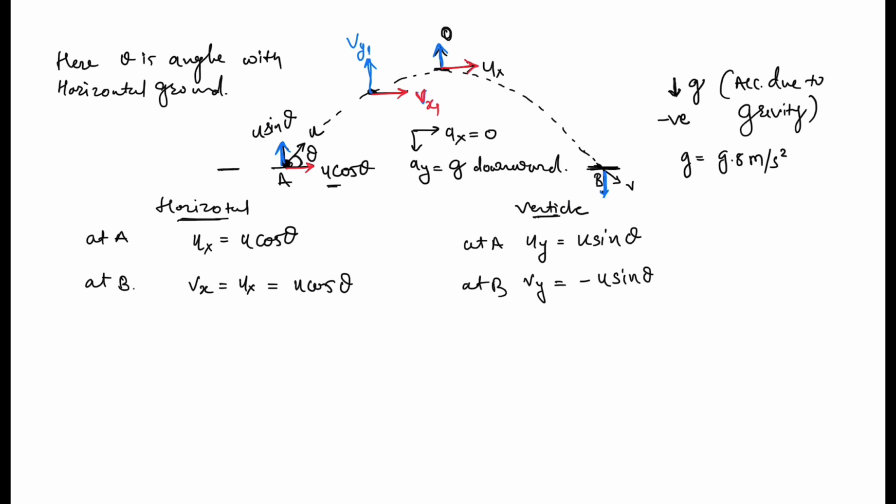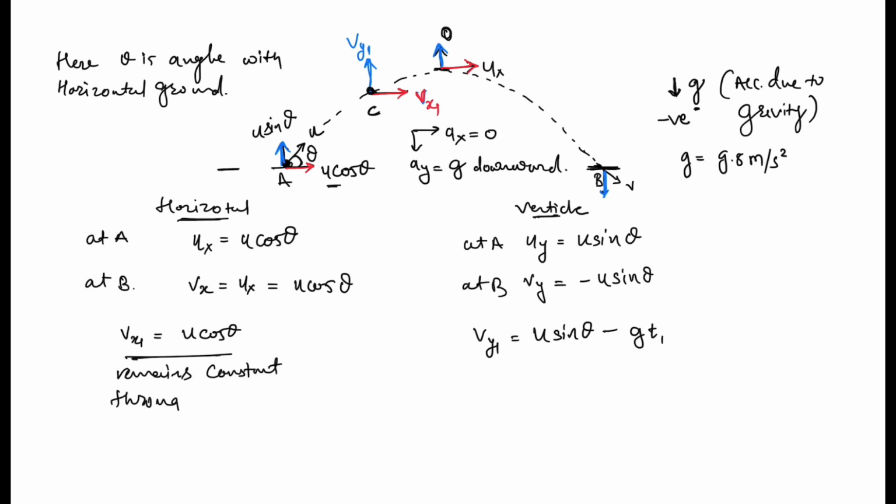Now acceleration is present in vertical direction, so vertical Vy1 will be u sin theta minus g into time taken t1. T1 is the time to reach C point, and Vx1 will remain the same, u cos theta. This remains constant throughout the journey.